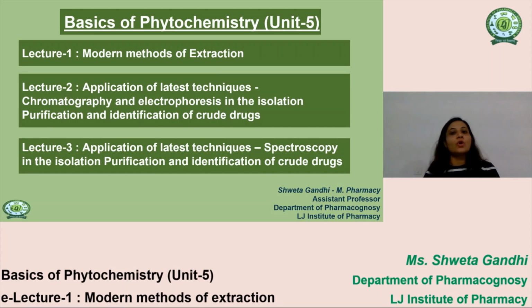Here we also study the application of the latest technique related to spectroscopic analysis for the identification, isolation and purification of the crude drug. So in lecture 1 I will cover the first topic, that is modern methods of extraction.